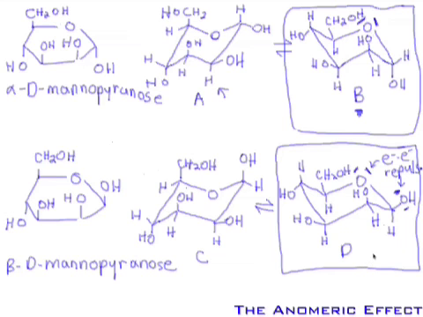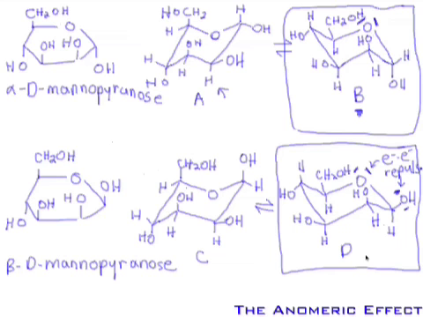So let's recap. Based on our simple premise of more equatorials being stable, structure D looks like it's more favorable. But because of this hidden electron-electron repulsion, that reverses that in the case of mannose. Note it doesn't do that in the case of the previous glucose, so we didn't consider it.